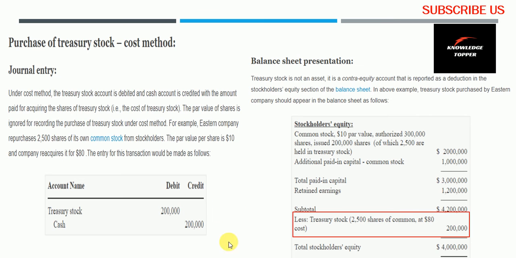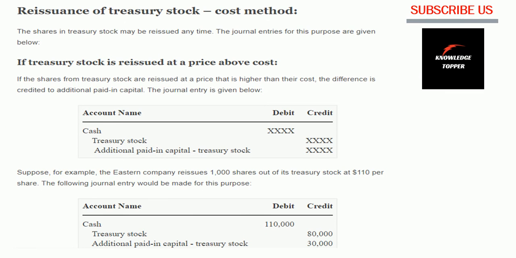Now after this, reissuance of treasury stock: Eastern Company reissues 1,000 shares out of its treasury stock at 110 dollars per share. Now the amount is 1,10,000, but the amount of treasury stock is 80,000.